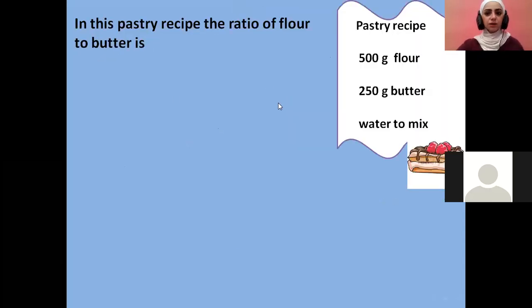So look at this question here. We have a pastry recipe. Who can tell me what's the ratio? The recipe needs 500 grams of flour and 250 grams of butter. What is the ratio here?